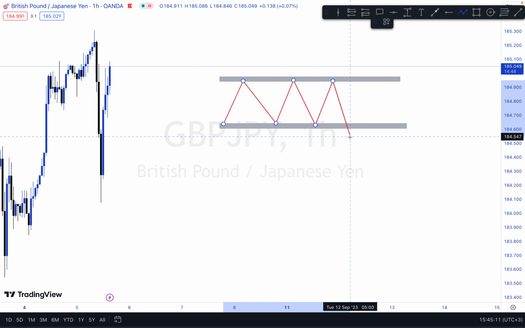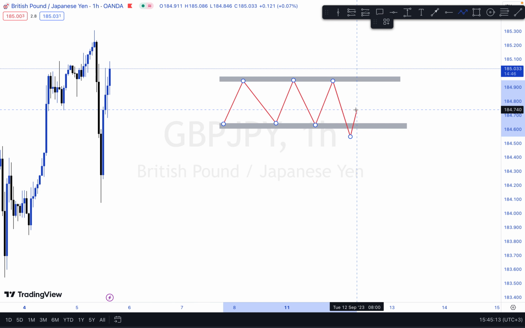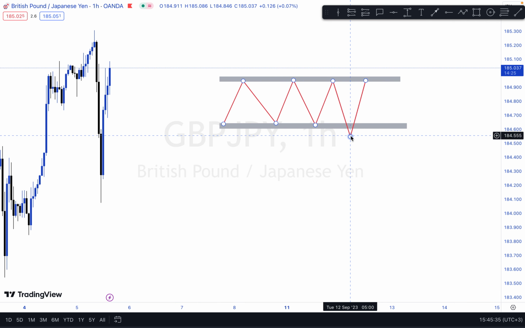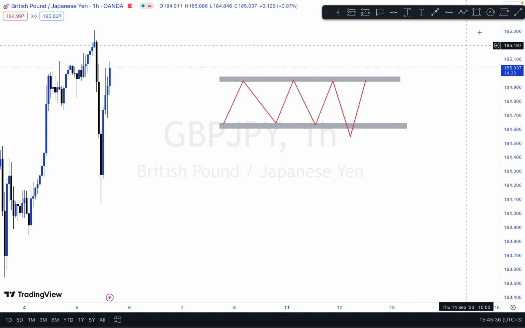This is a fake out. Hold on, guys. We have a fake out because it's very, very close to the zone. If it's very, very close to the zone, then that's a problem.